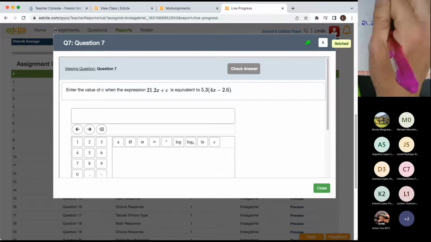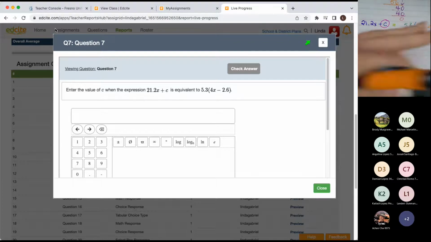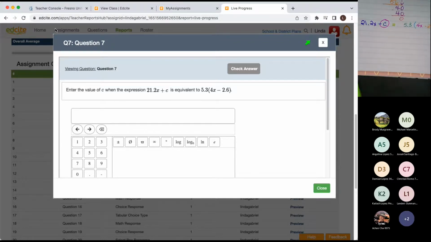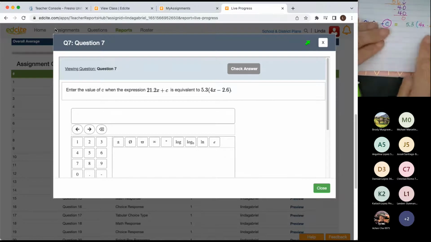I need to try to isolate c. When I say isolate c, that means I need to get c by itself. Like, so it's going to look like c equals blah, blah, blah, right? This is what we want our end result to look like. Okay. But before I do that, I'm going to get this side simplified.